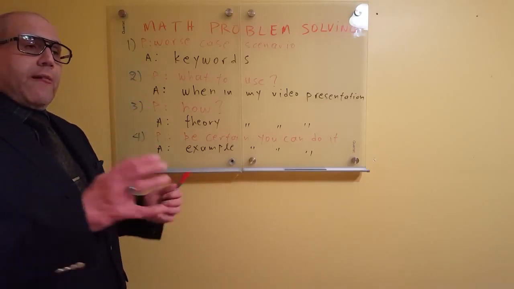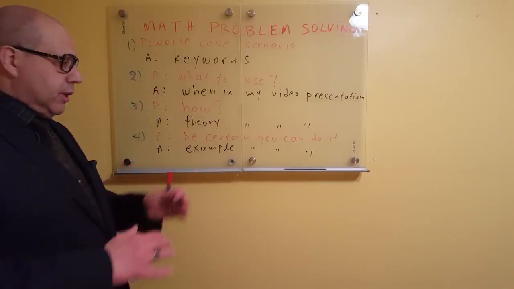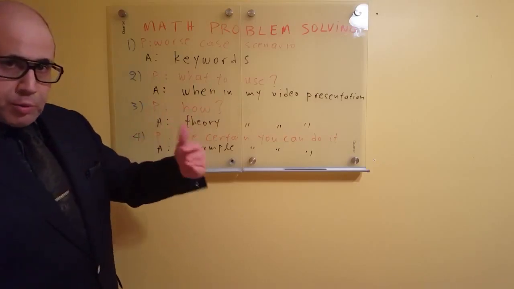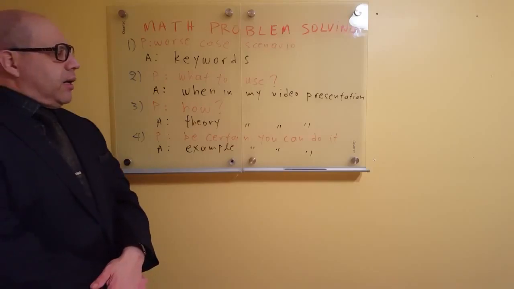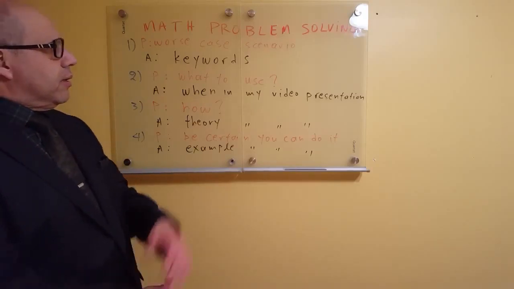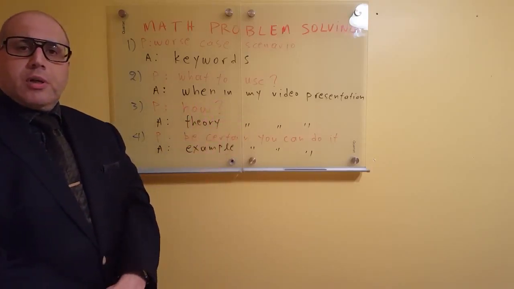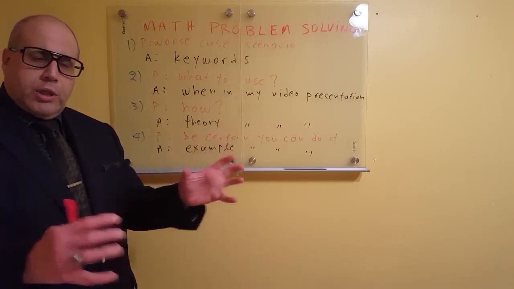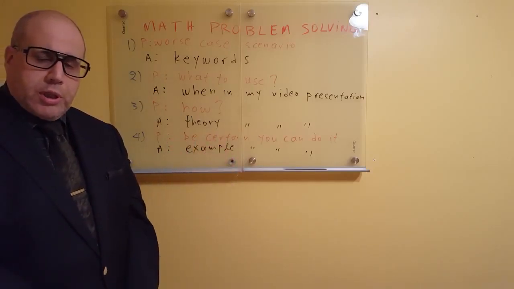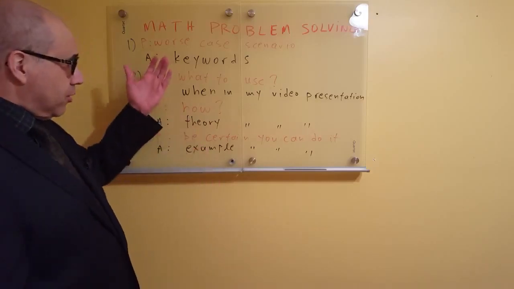This way you're sure that you can do the problem. I think those are the 4 steps that somebody has to know how to deal with in order to approach any math problem, even the most difficult one.